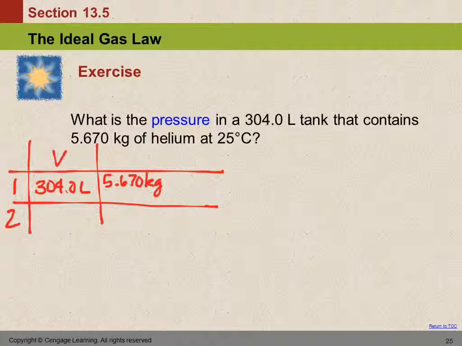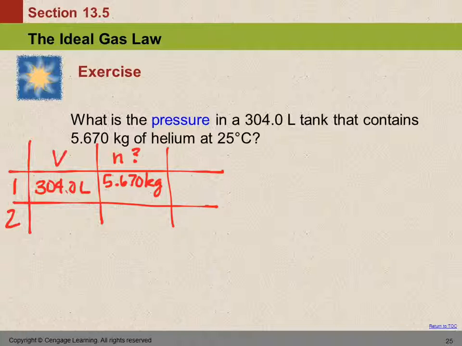Does that match up with anything in our gas laws? We're going to need to convert kilograms to moles. This is related to N, but N is in moles. N is number of moles. So we're going to get N from this, but it isn't N yet. So maybe we'll label this N, maybe.